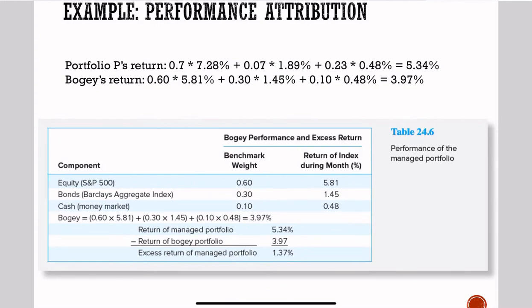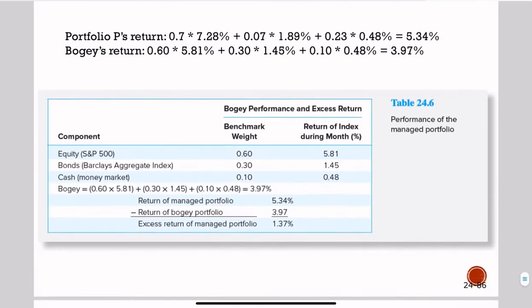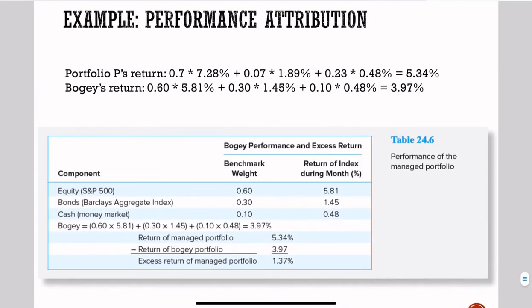The second is about security selection. Okay, so let's first look at some basic data points. So we have portfolio P and we have our benchmark portfolio. Portfolio P has a return of 5.34% and the Bogey portfolio has a return of 3.97%.